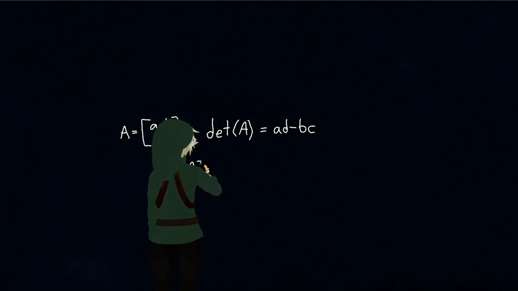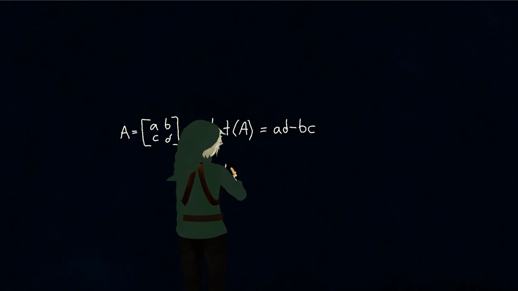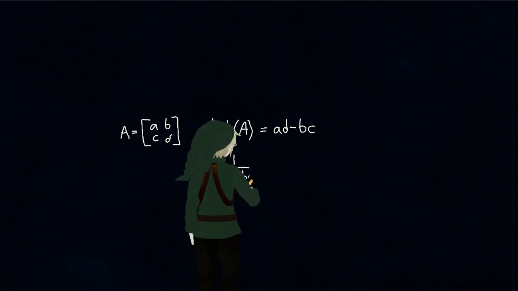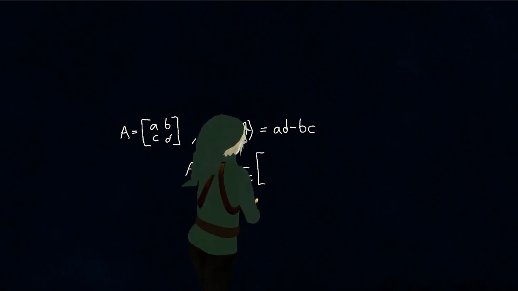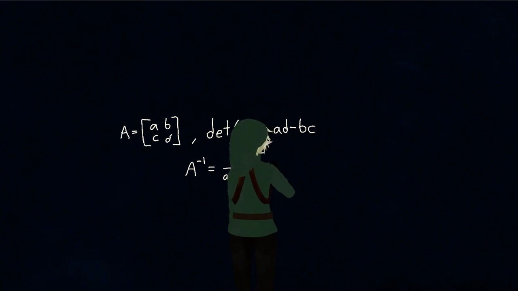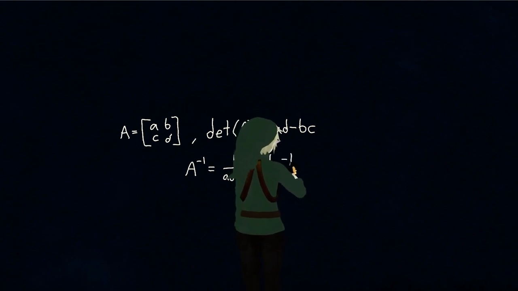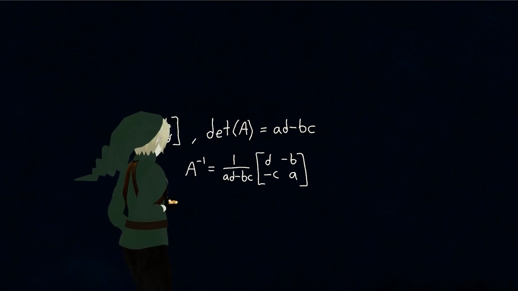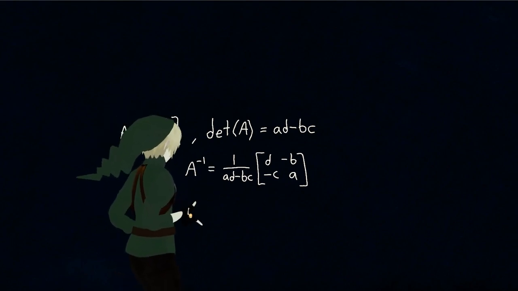The inverse of A, for any 2x2 matrix, is equal to 1 over AD minus BC, and if you remember, times the matrix D, negative B, negative C, A. So that was our inverse formula for any 2x2 matrix.